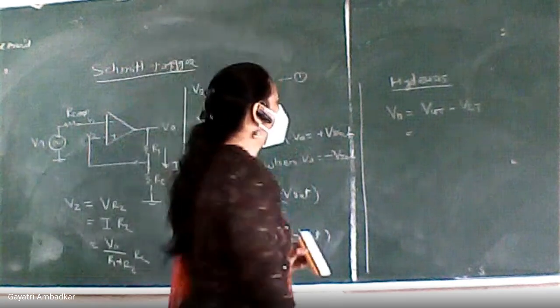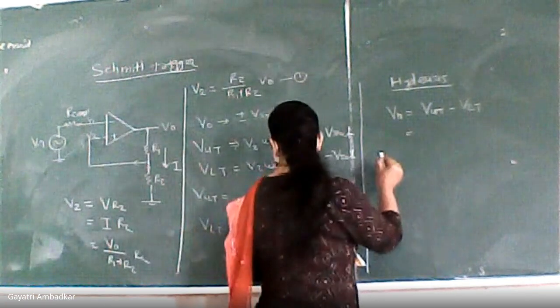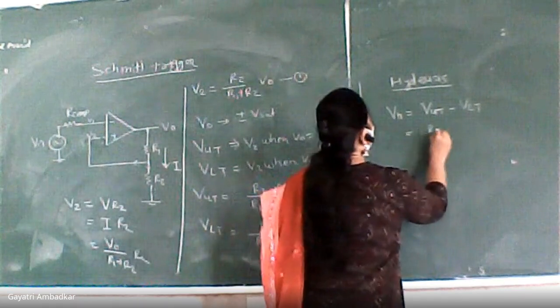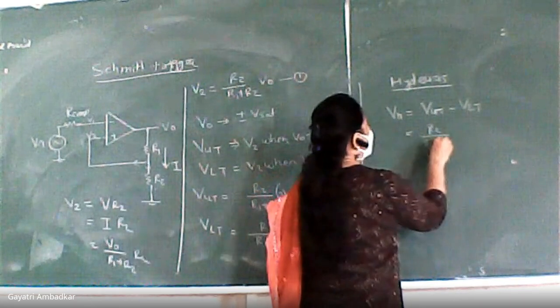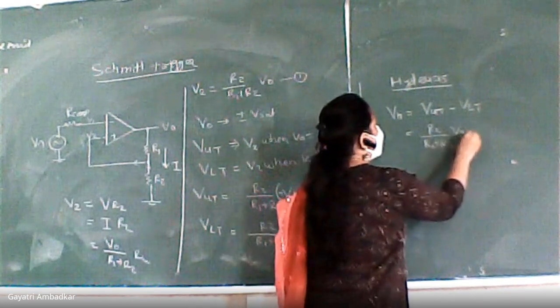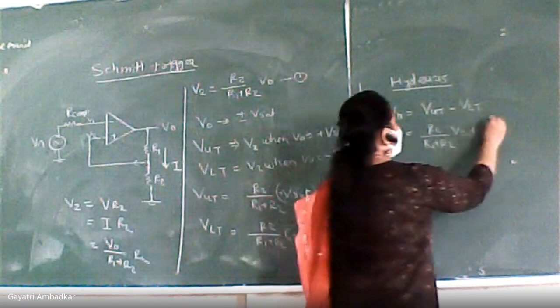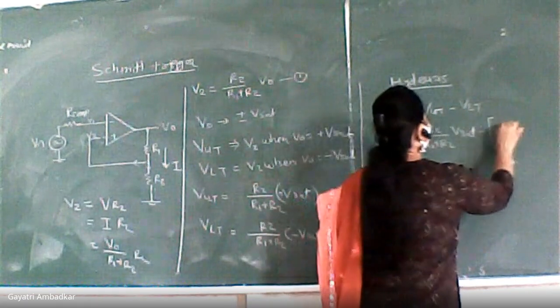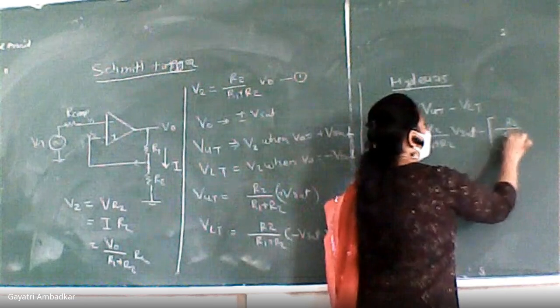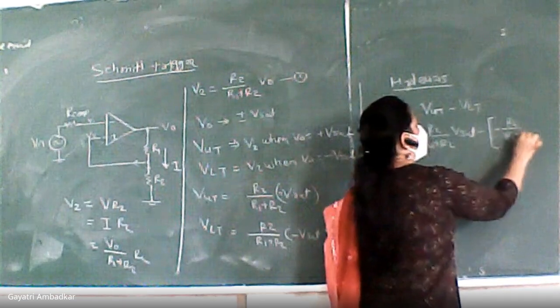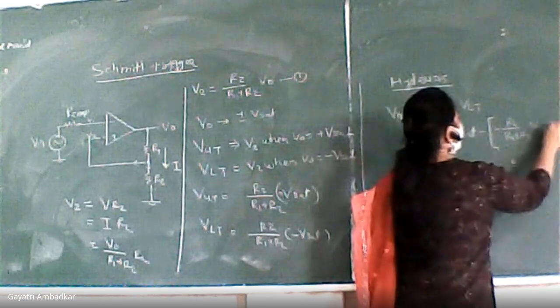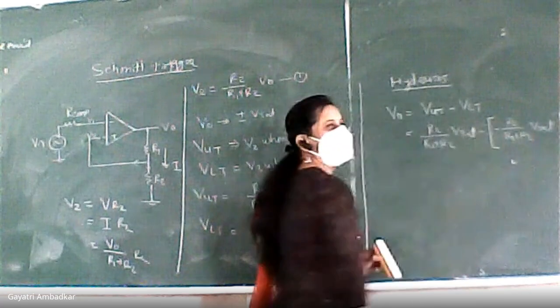So it is VUT minus VLT. What is my VUT? R2 upon R1 plus R2 into VSAT minus, this is minus R2 upon R1 plus R2 into VSAT. This minus VSAT sign I have taken here.